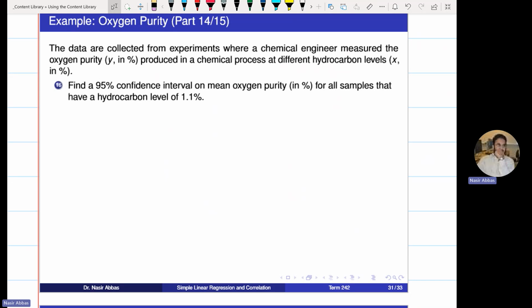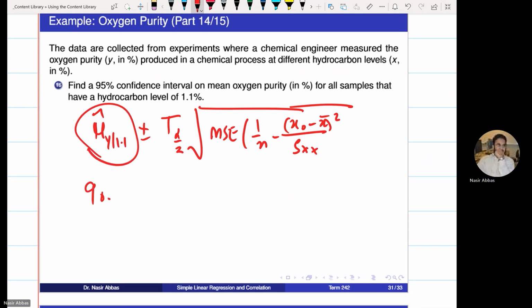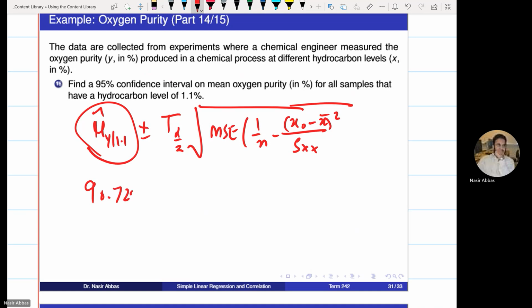Find a 95% confidence interval for mean of y when x is 1.1. So the formula sheet gives you mu hat of y plus minus T alpha by 2 times the square root of MSE times 1 over n plus x naught minus x bar whole square over sxx. What is T?